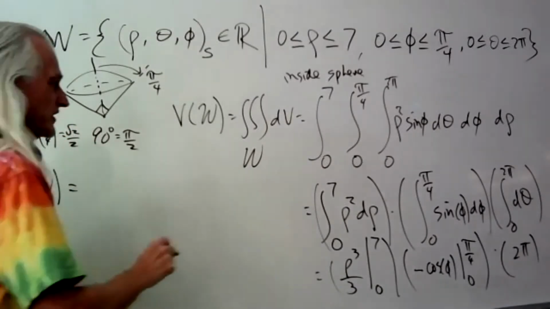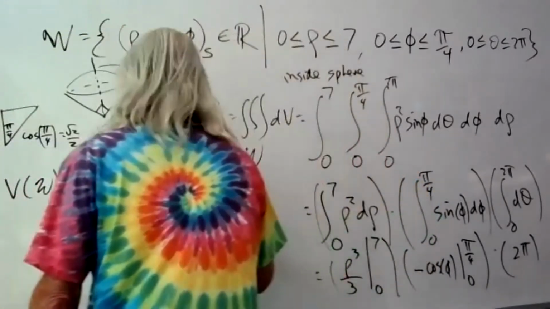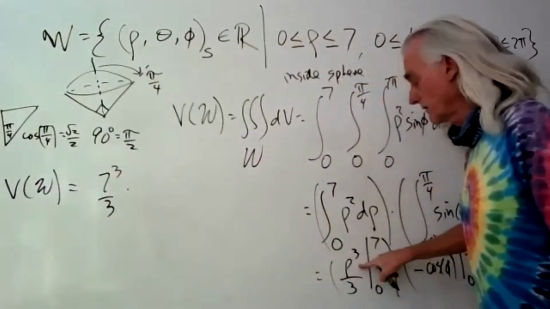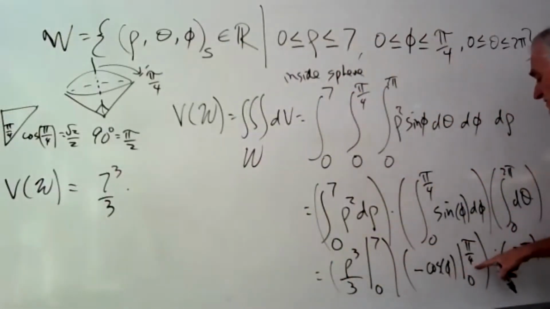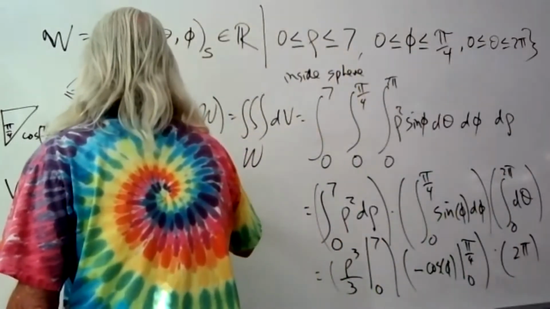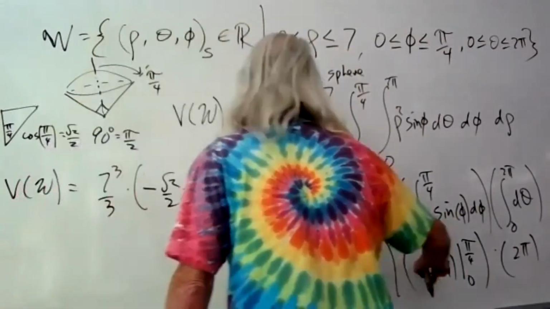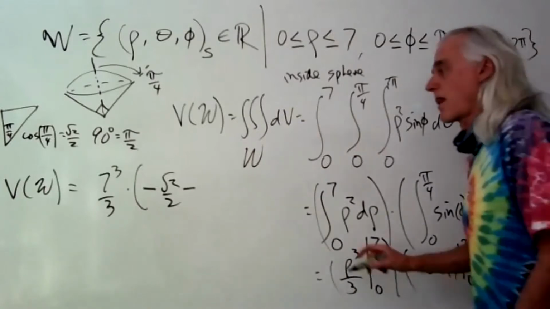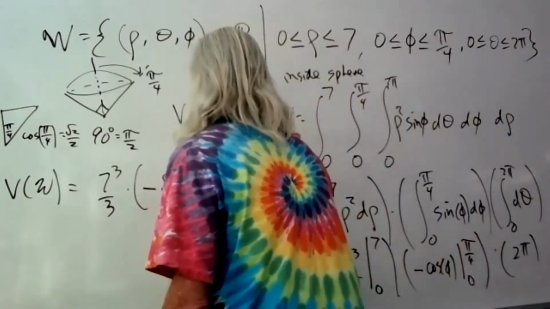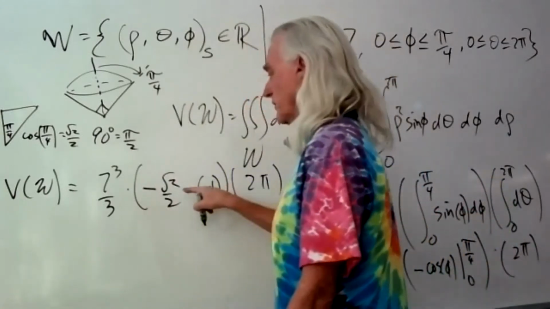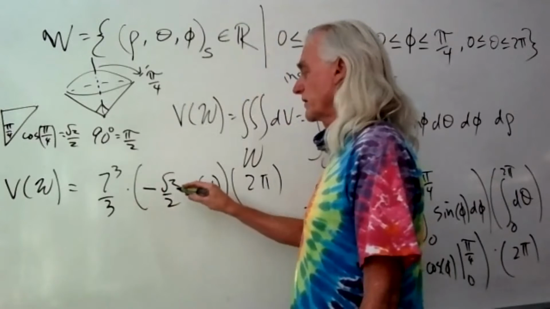So this is going to be negative square root of 2 over 2 minus negative 1, times 2 pi. All right, so there's going to be 1 minus 2 over square root of 2.